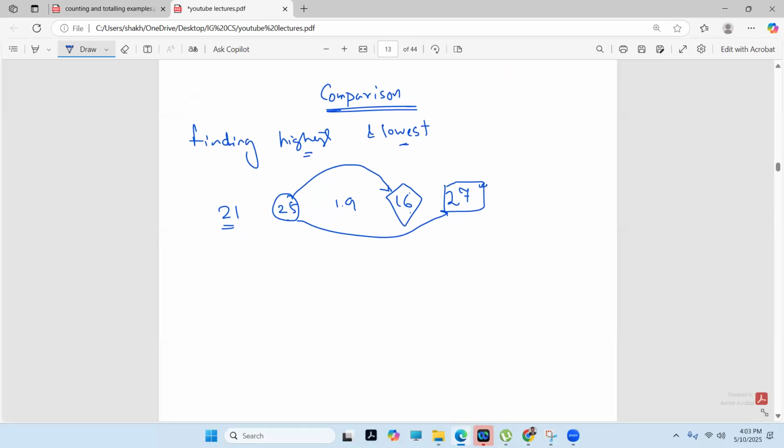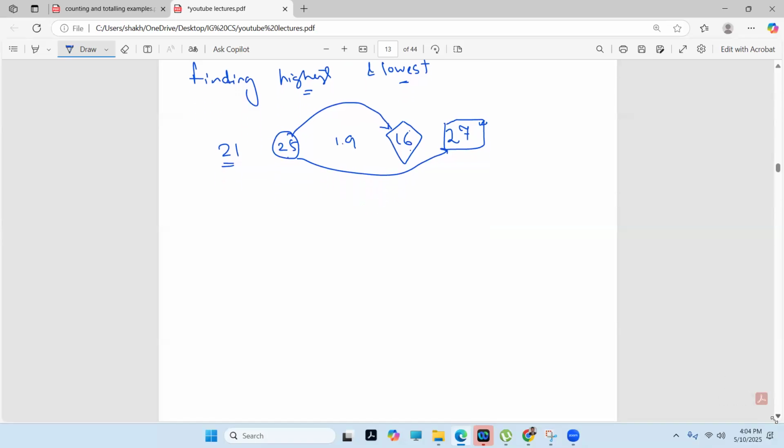I will teach you 2 methods to find highest and lowest, because both methods are important for us to understand the type of question, and because you also need to find the error in the program. Both methods are used in IGCSE. Before that, let us understand the difference between these 2 methods.